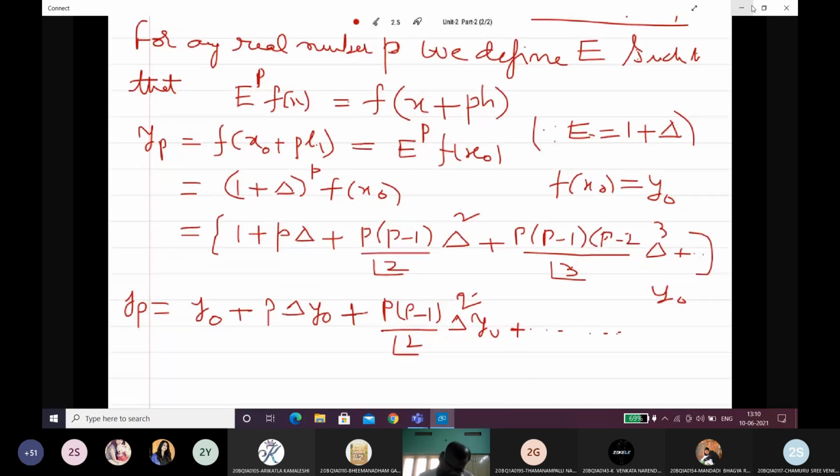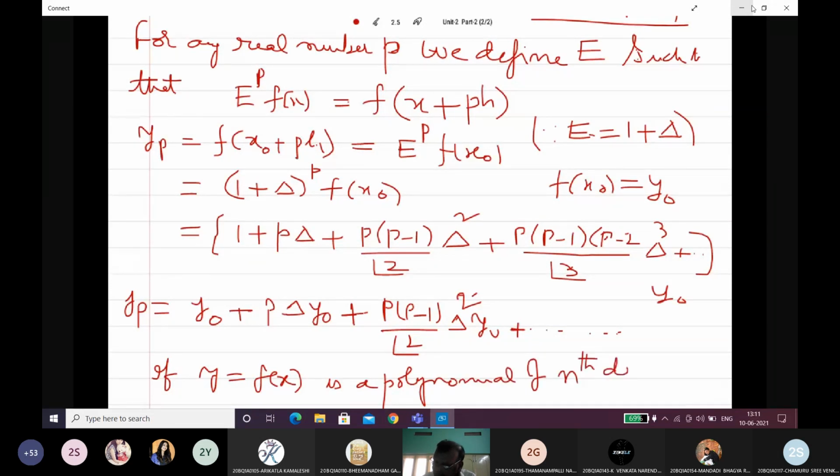If y is equal to f of x is a polynomial of nth degree, then n plus 1th differences are equal to 0.